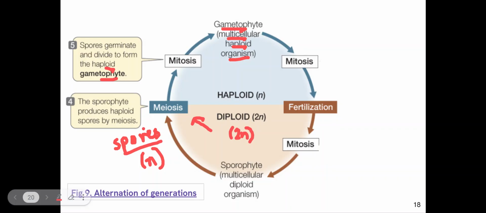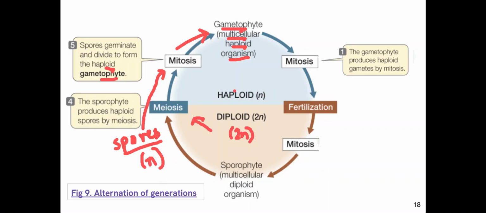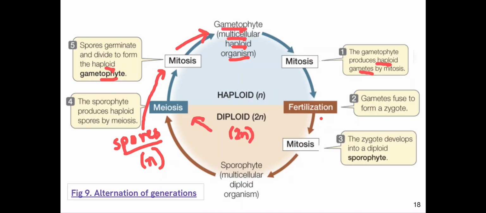These spores fall on a suitable substratum and give rise to the gametophytic haploid body. The gametophytic organism then produces haploid gametes by mitosis. These gametes undergo fertilization to form a zygote. The zygote develops into the diploid sporophyte once again.